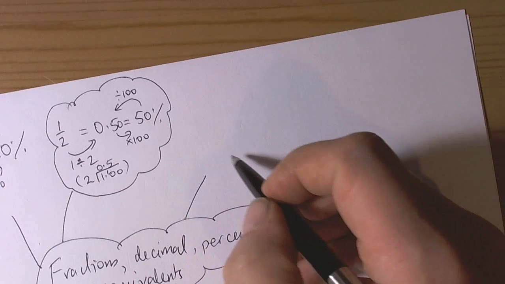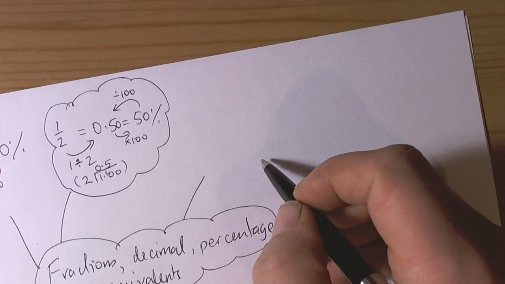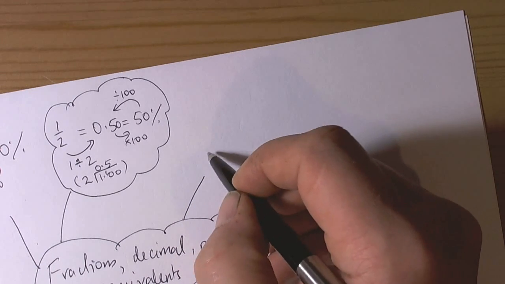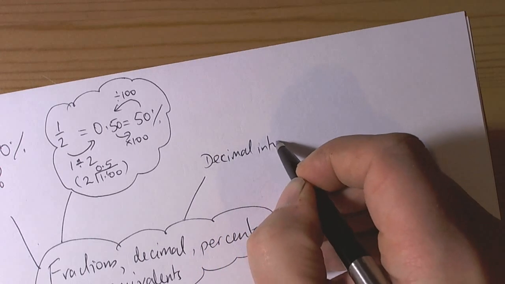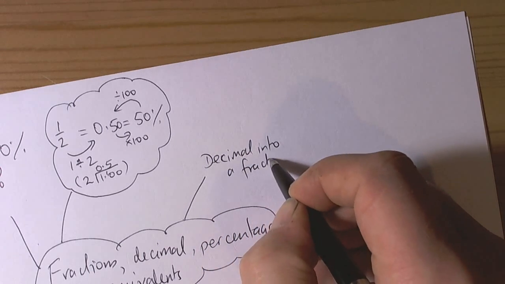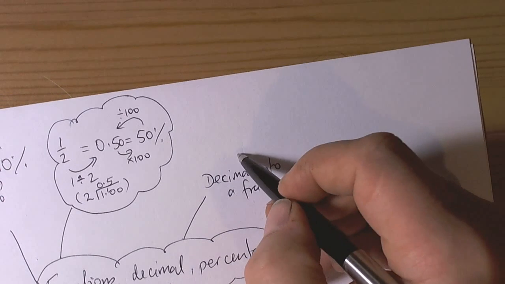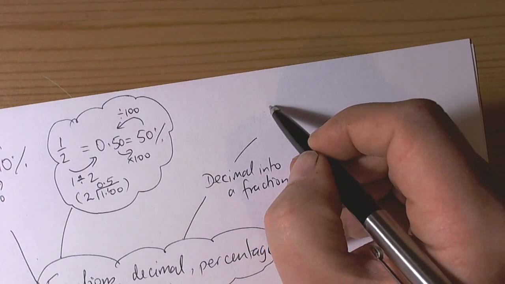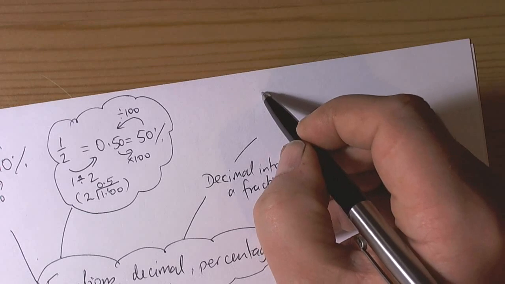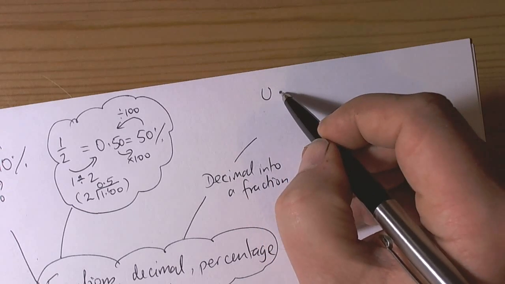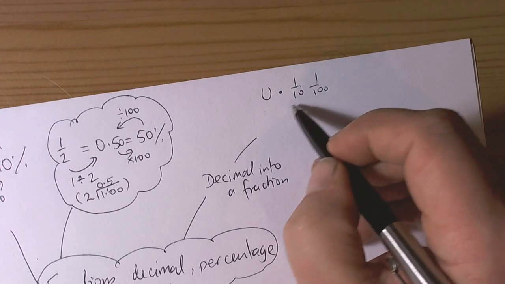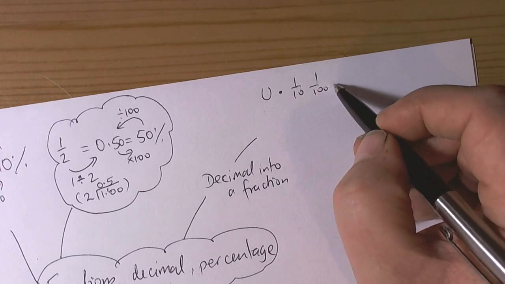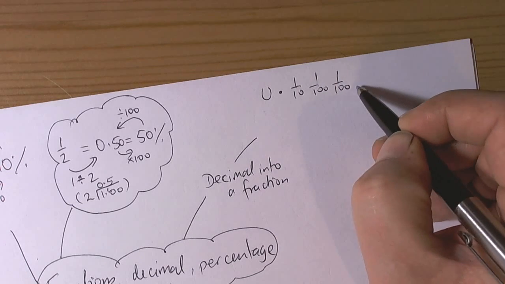The other things that we need to be able to do is turn decimals into fractions. So a decimal into a fraction. If we remember again some standard techniques, then I would always advocate that you always have the place value of the numbers and digits and how they break down in your mind.